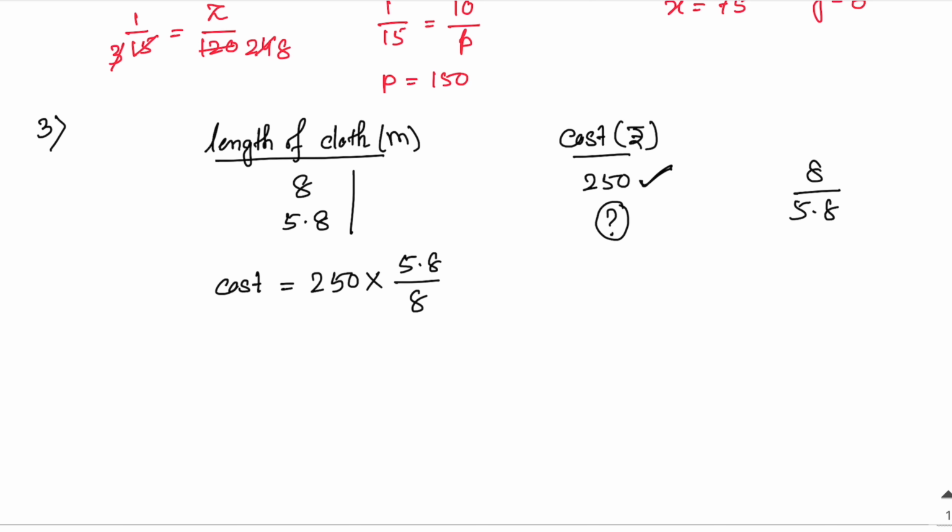But as here it is direct variation, it will be 5.8 by 8. So 250 into 5.8 by 8. If you divide 250 by 8, you will get 31.25 into 5.8, that equals 181.25 as your answer.